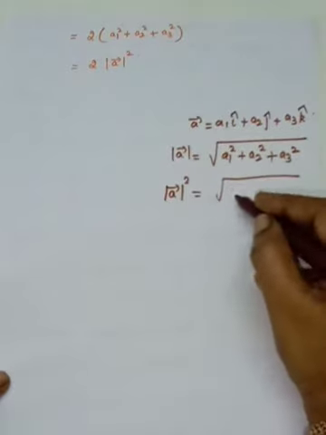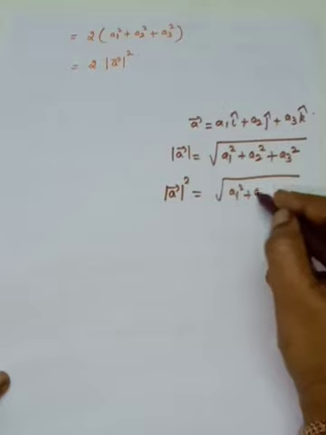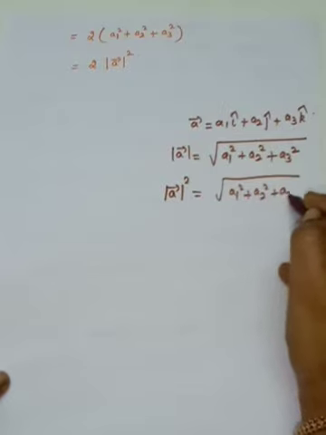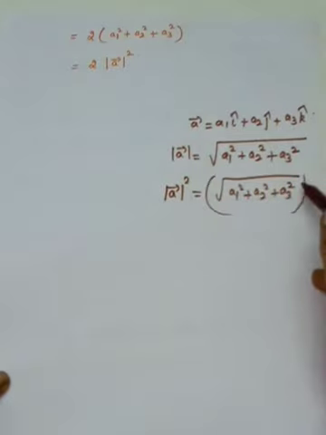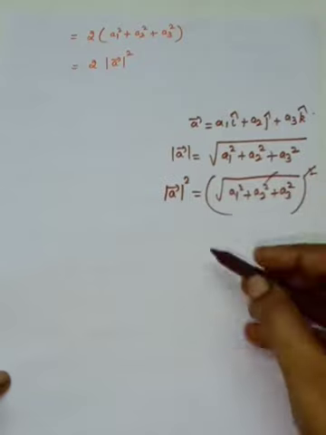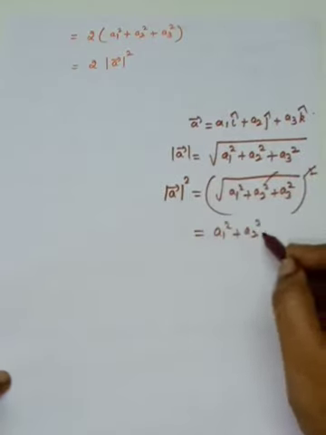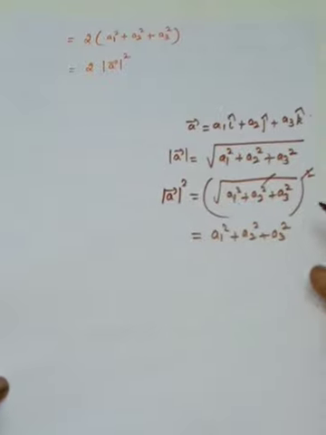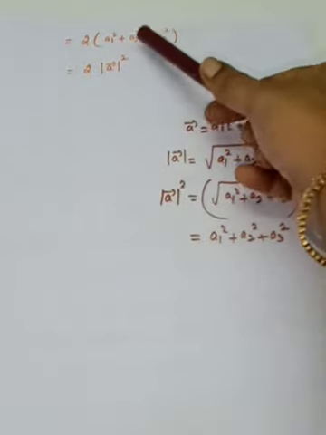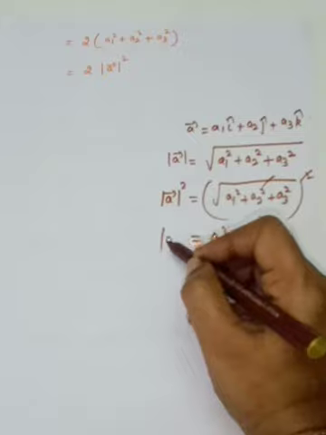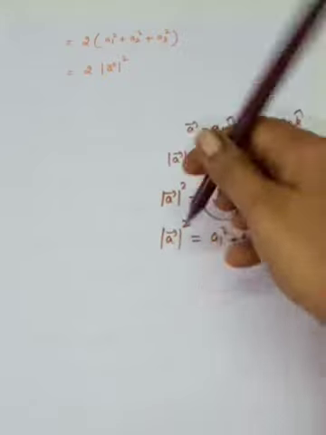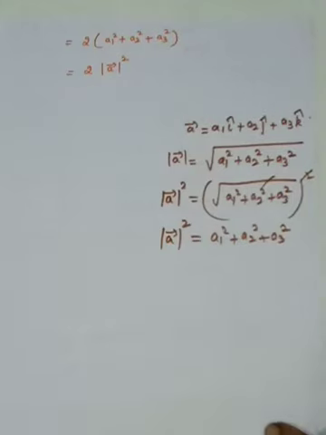So it's the square root of a1 squared plus a2 squared plus a3 squared, the whole square. The square and the square root get cancelled, and you have a1 squared plus a2 squared plus a3 squared. That's why here we have written it is nothing but modulus of a vector the whole square. So we have proved the result.